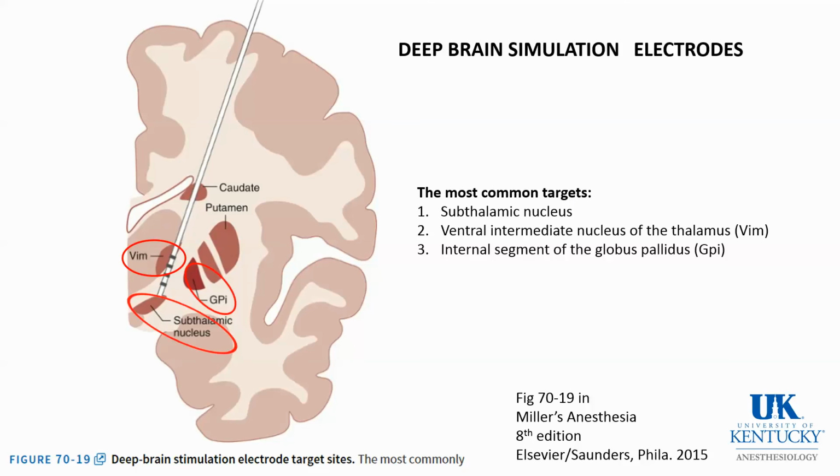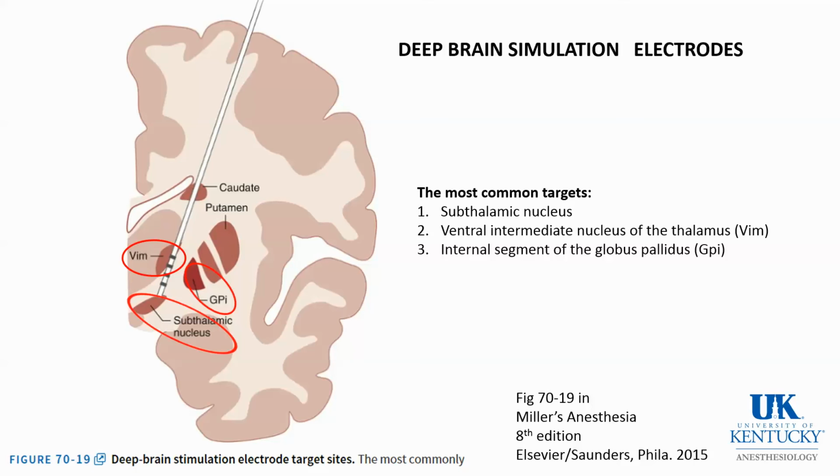The basal ganglia are relevant in that they are the targets for deep brain stimulation, mainly used at the moment for motor disorders.